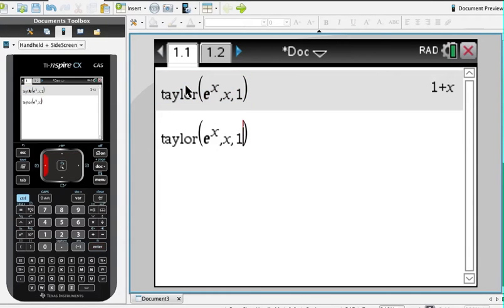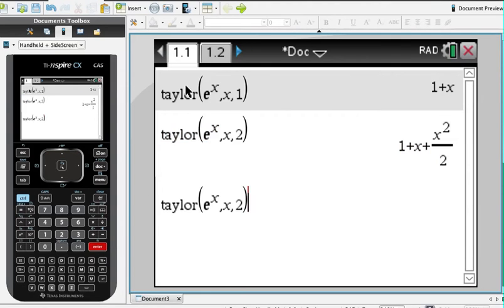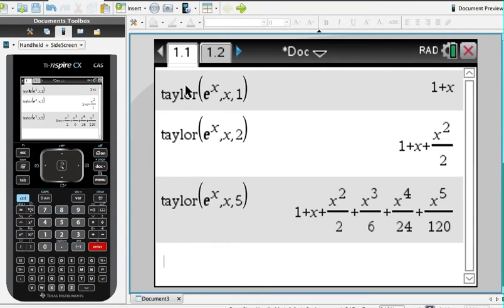If I change the degree to 2, I will get the second degree term as well. And if I type in 5, I get the Taylor series up to degree 5, 6 terms, because 1 is a term as well of degree 0.